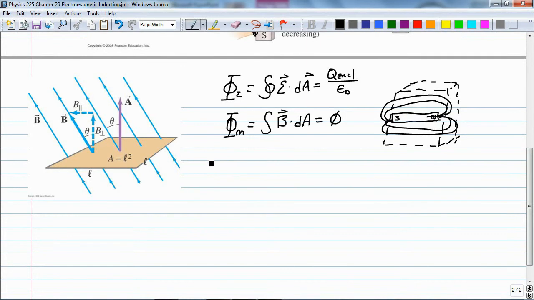But what Faraday noticed was that there was a relationship between the flux and the induced potential.